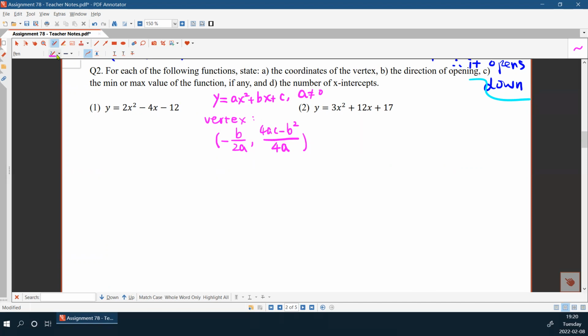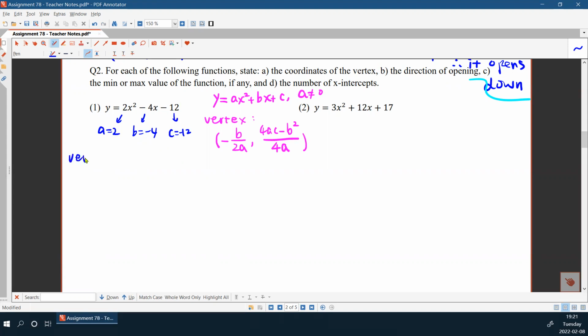Okay, so first of all, let's have a look at question 1. And apparently, this is our a, which is 2. This is our b, which is -4, and c is -12, right? So as long as you have identified the a, b, and c coefficients, the rest of the task seems a little easier.